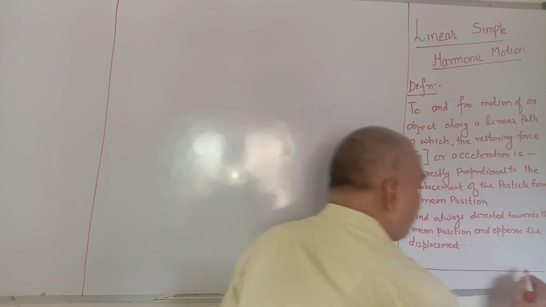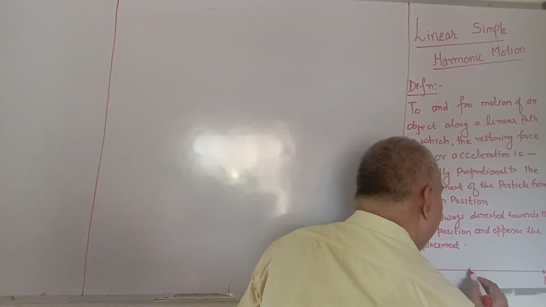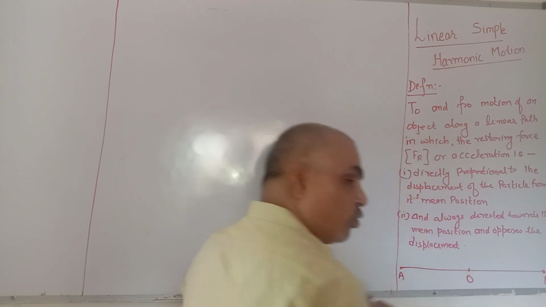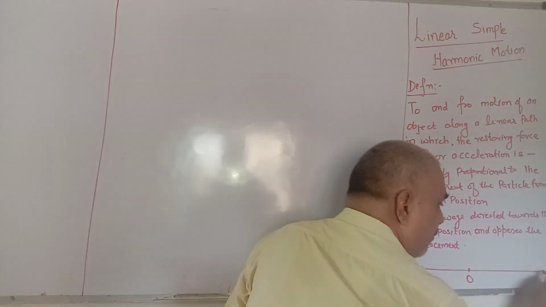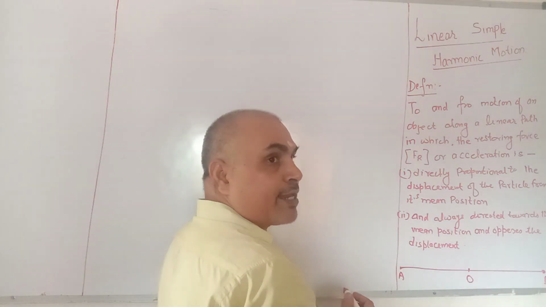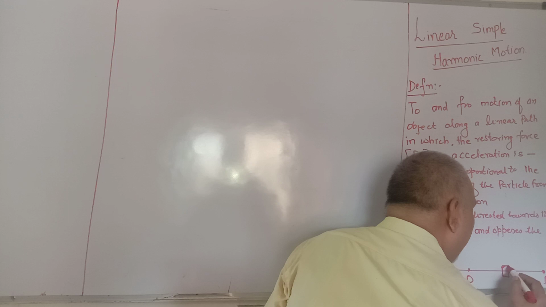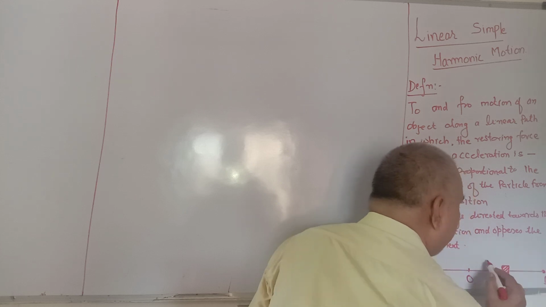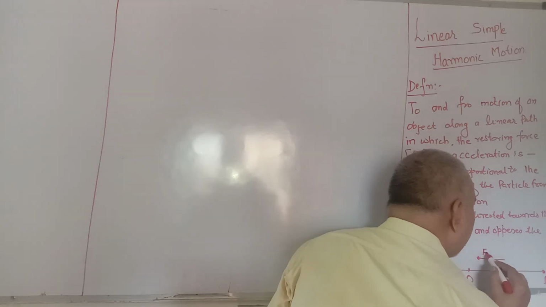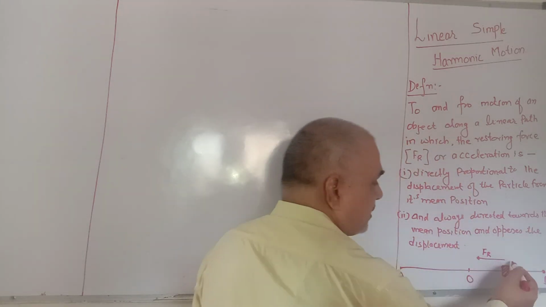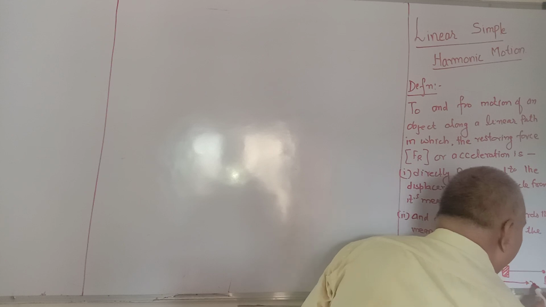This is A, this is B, and this is the extreme position O. If the particle is moving to and fro along this linear path and the force or acceleration acting on the particle is always opposing the displacement, this is the direction of force and this is the direction of x.